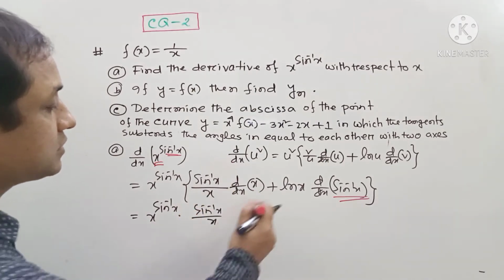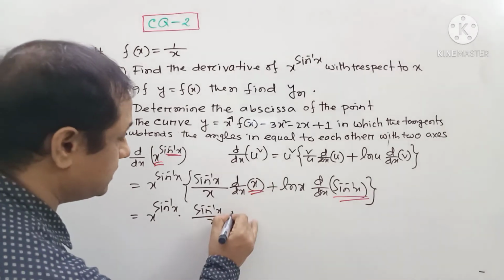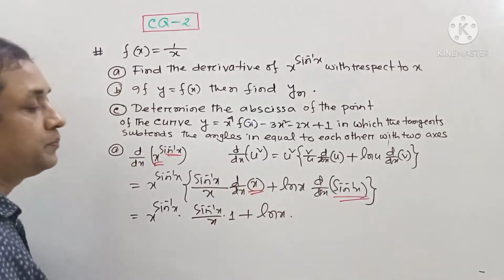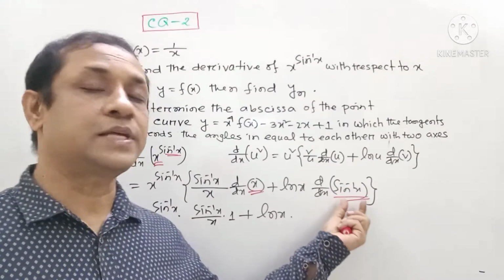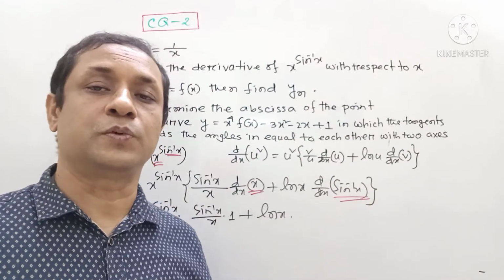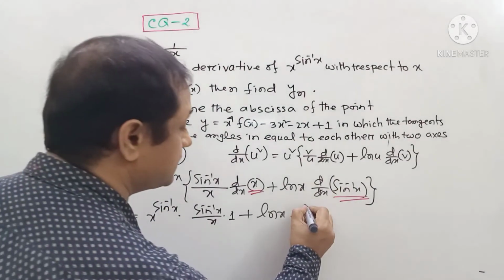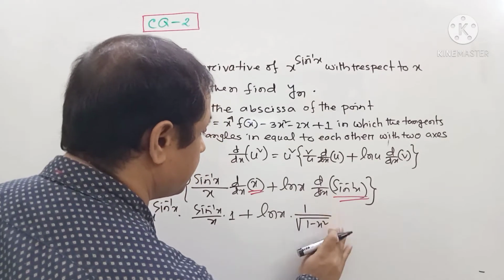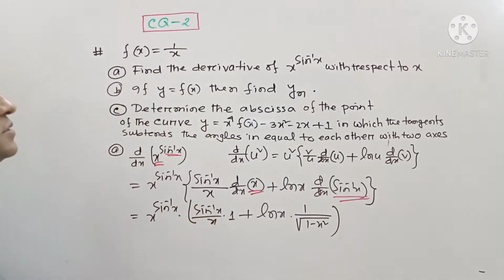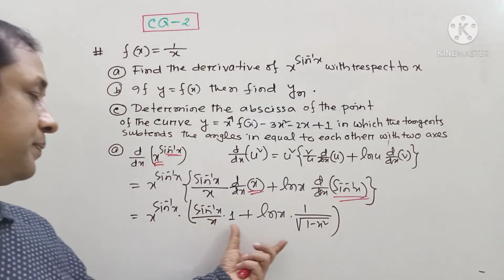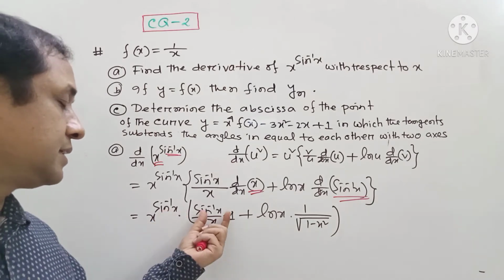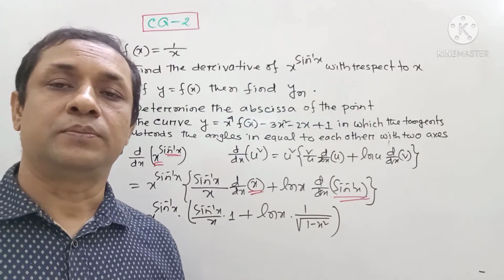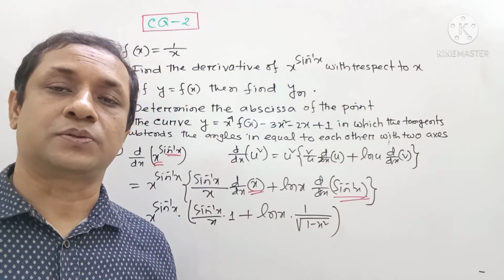We know that d/dx of x is 1, and plus ln x into d/dx of sine inverse x. Using the differentiation formula, we know that d/dx of sine inverse x is 1 by root over 1 minus x squared. So student, the result will be x to the power sine inverse x, sine inverse x by x plus ln x by root over 1 minus x squared.